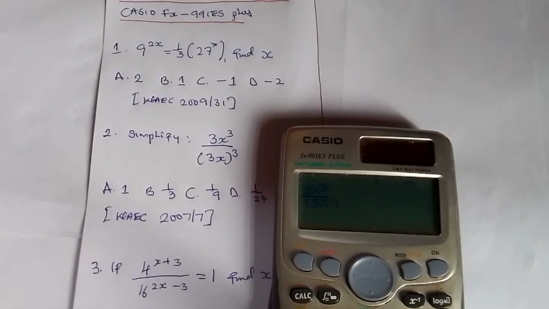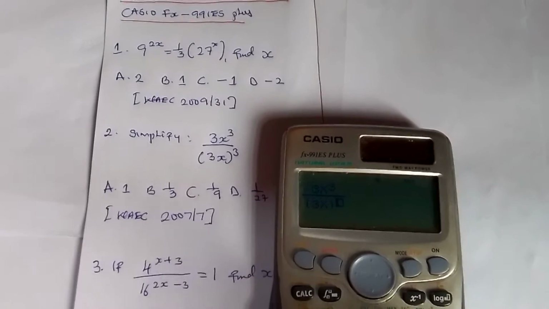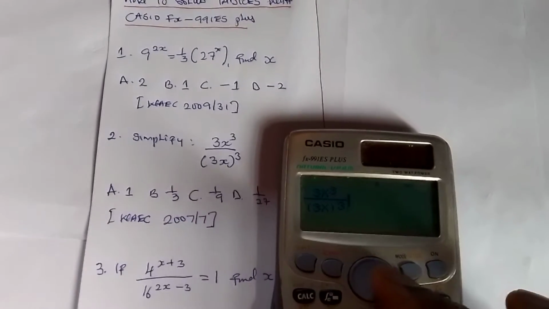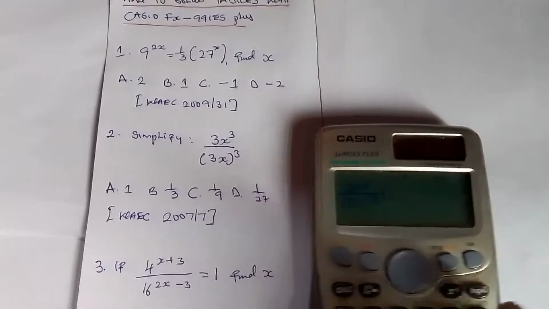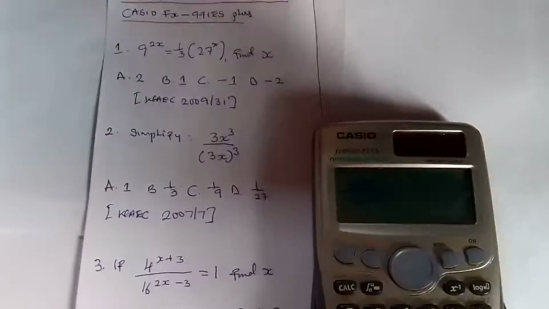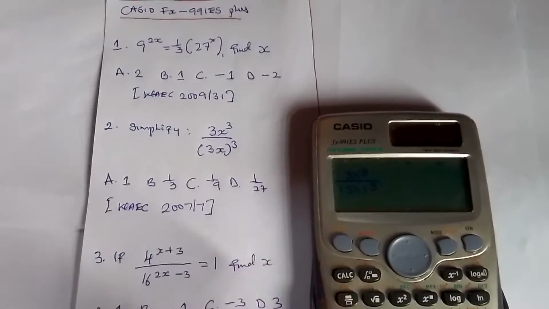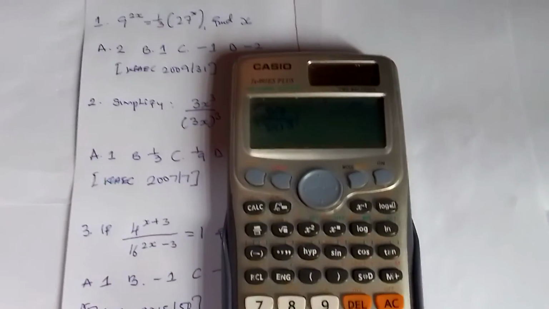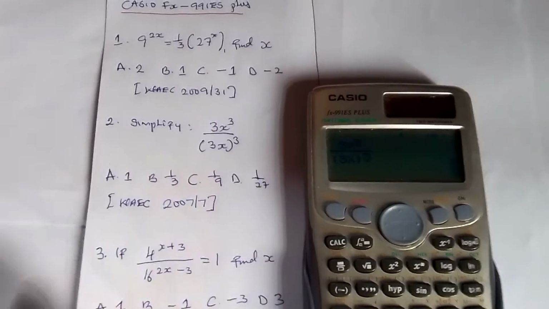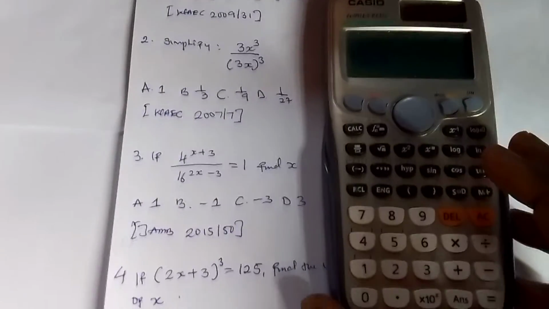Then I close my bracket and raise it to the power of 3. In this case there is no x to find. It's just a straightforward calculation problem, so we're not going to press shift calculate. We'll go straight to the answer and press equals. You can see that the answer is 1 over 9, so 1 over 9 is option C. So we'll go to the next one.